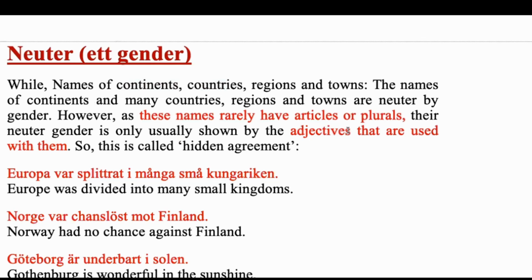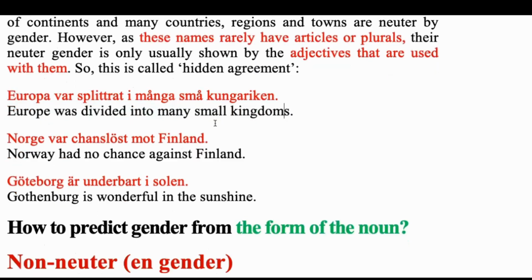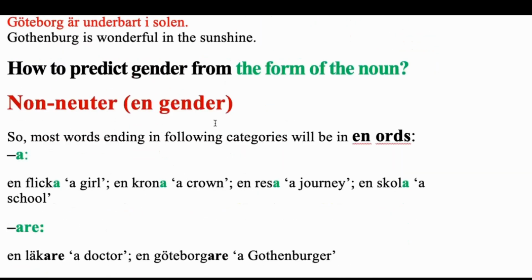So technically, when we learn in detail about grammar, we will use them for adjectives and maybe for plurals, but not for articles. I have mentioned a few examples, but I think it is too early to go through them. So you can just leave them and move towards the next category.